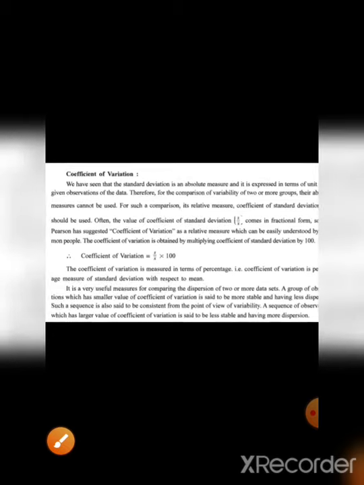Now just a few things to discuss about the coefficient of variation. Just mark my words. As I told you, it is used for comparison of two sets of data. So out of the two different datasets, as you find the coefficient of variation for the two, if the percentage is more, we can say that it is less stable.